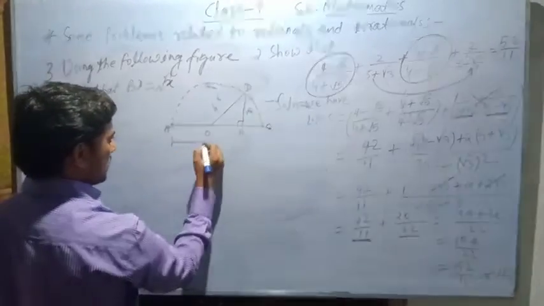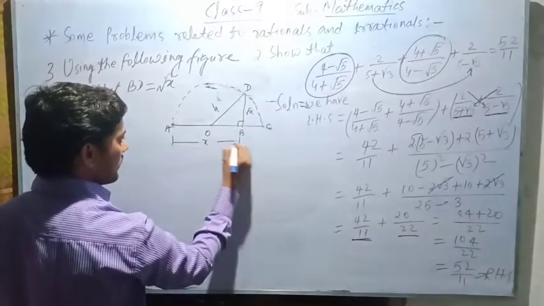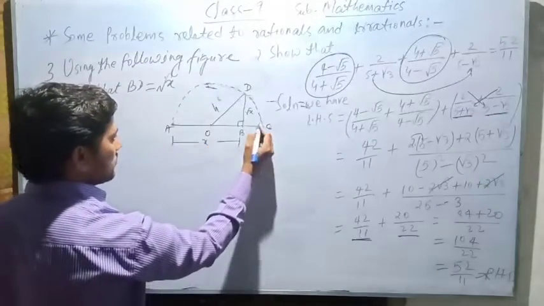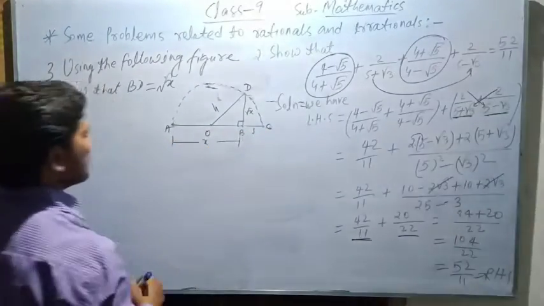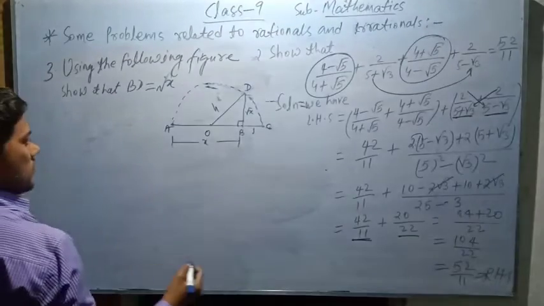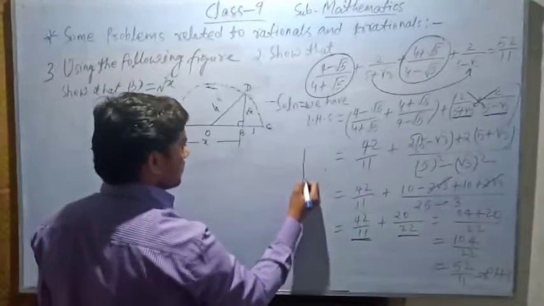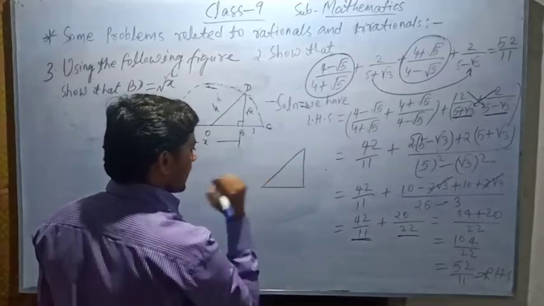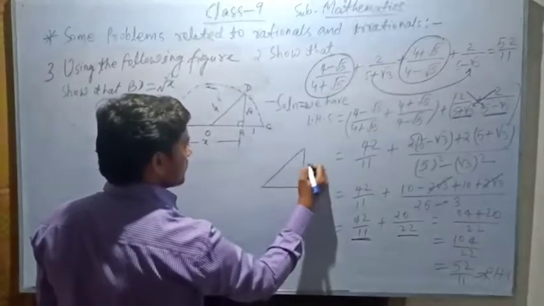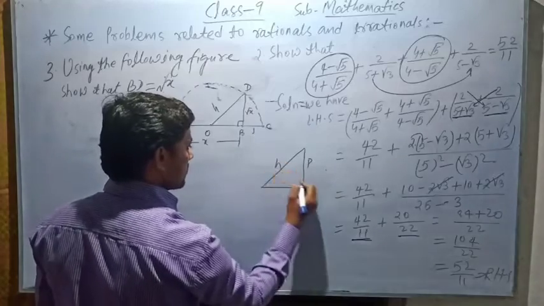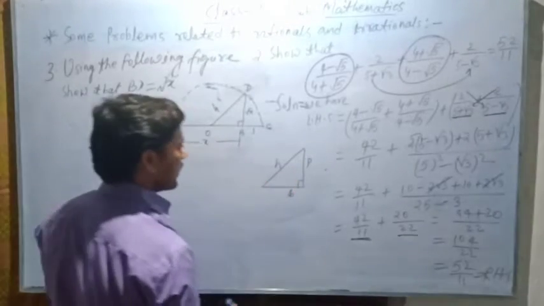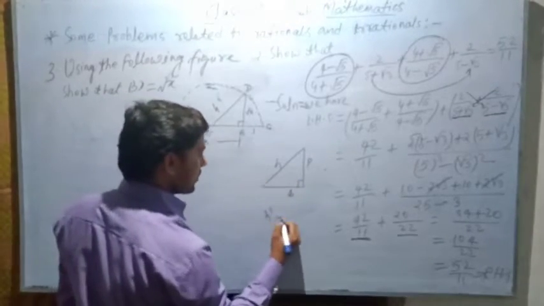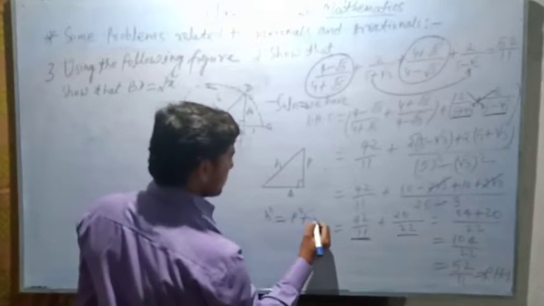In the figure, it is given that AB is equal to x and DC is equal to 1. As we know, in a right angle triangle, if two sides are known, then the third side we can find with the help of Pythagoras theorem.